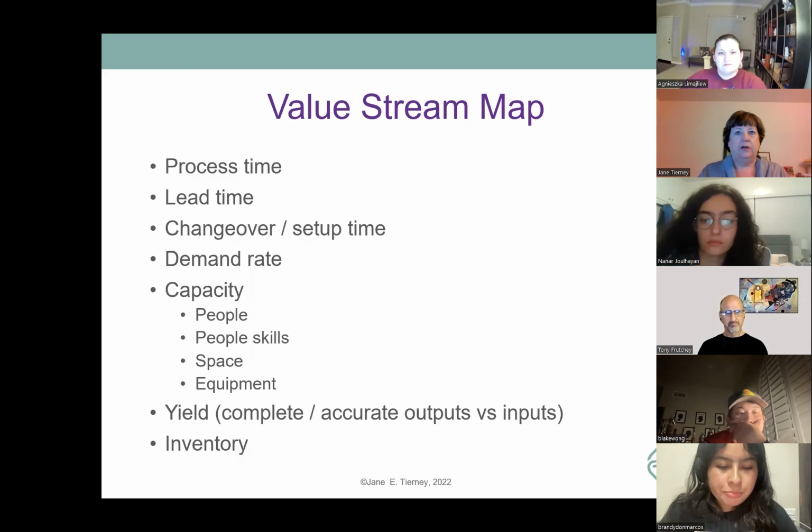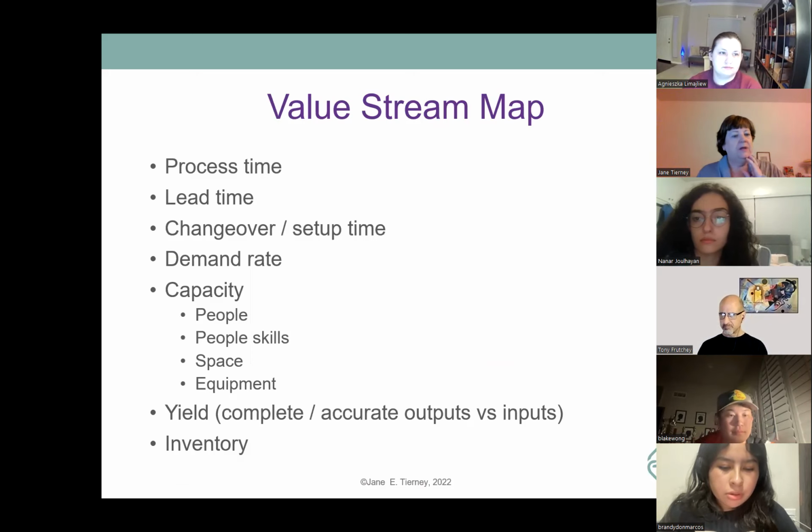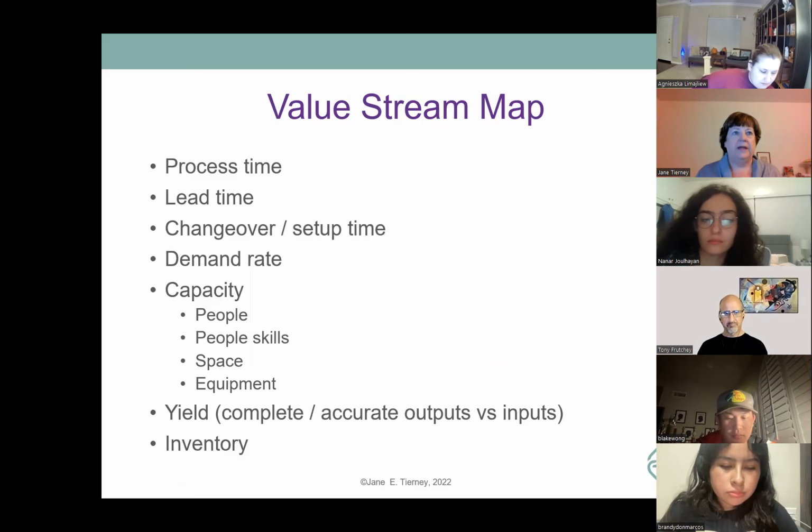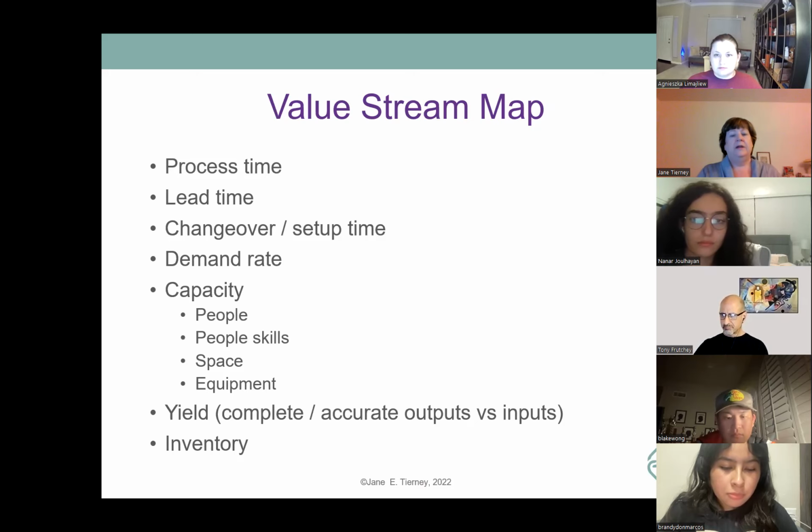So you want to look at what your process time is, what your lead time is. Process time is how long does it take you to perform that activity? How long does it take you to go to the grocery store? How long does it take you to go to the kitchen or to the pantry, get the dog food, bring it out, scoop it out into the bowl, and put it down for the dog to eat?